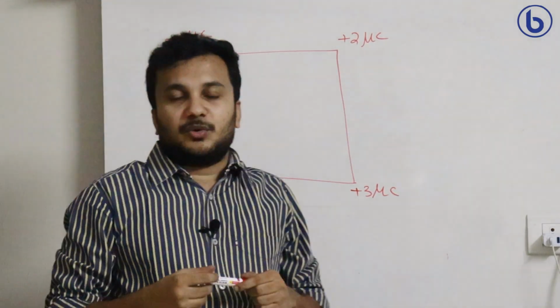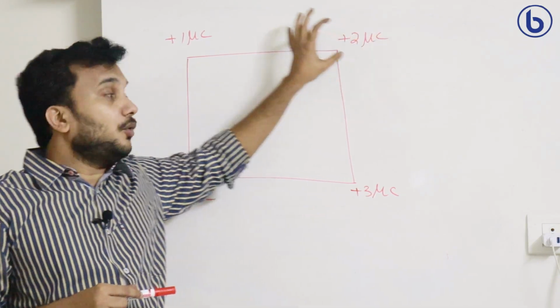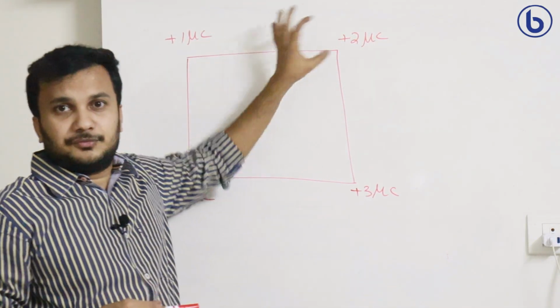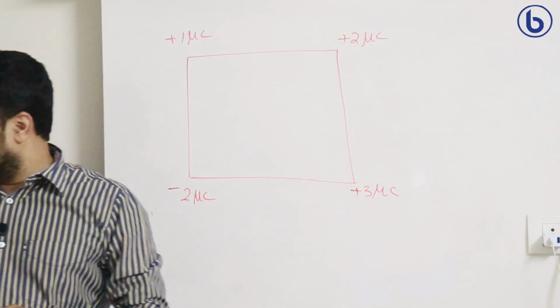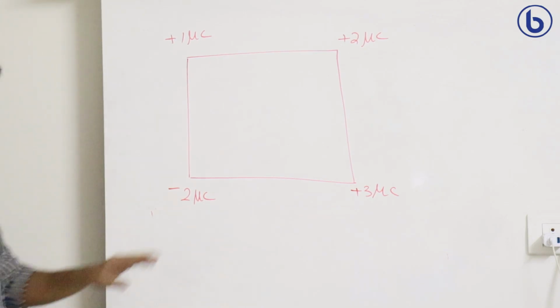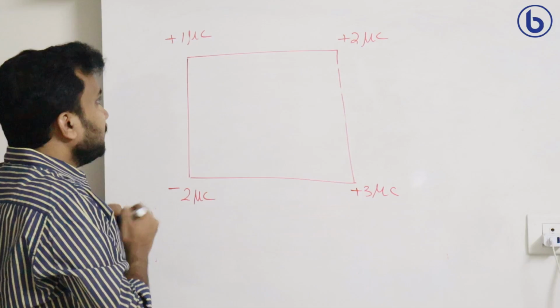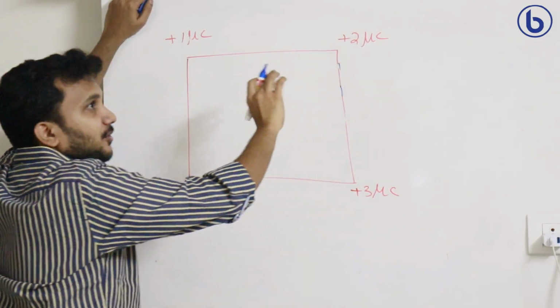My question is, I want to find the force on charge number 2 because of all the other charges. So 2 is our attention; we want to find the force on 2.